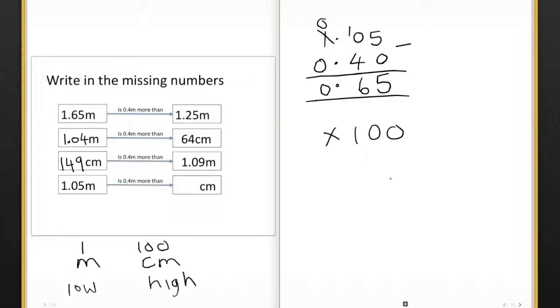So here's my 0.65. And I'm going high to the right, just in case we need them. Started here, 1, 2, ends here. So the answer is 65 centimetres.